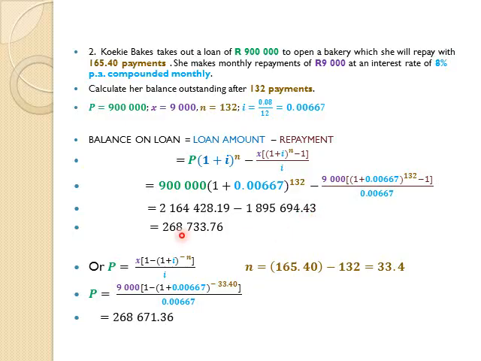So she still owes 268,733 rand 76 cents after 132 payments.